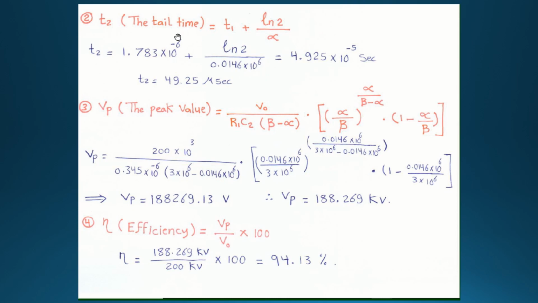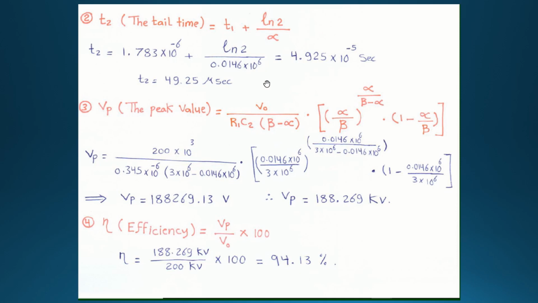If you put the value of T1 and the value of alpha in your calculator, you will get this answer, which is 4.925 into 10 to the power minus 5 second. And if you change it to millisecond, T2 will be 49.25 millisecond. Okay, so now we have done question 2.